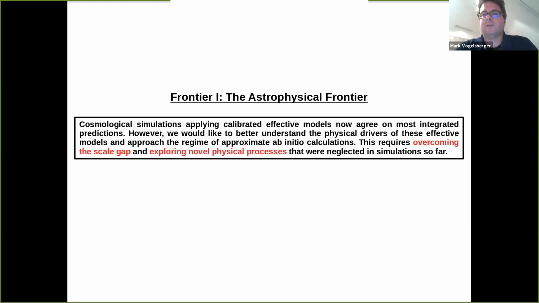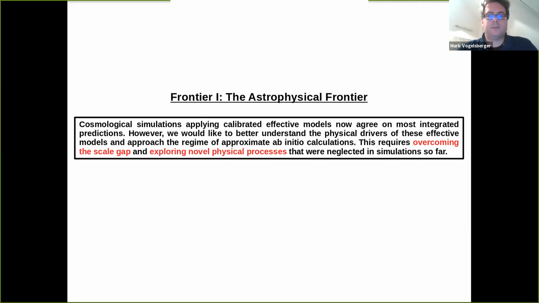But of course, the ultimate goal is that we want to better understand the physical drivers of these effective models, and also ideally approach a regime of what I would call approximate ab initio calculations. Yeah? So ab initio in the sense that you just have individual stars in galaxies, and you model the feedback in as great detail as possible. Of course, we will never be able to do true ab initio, but essentially reach this regime of approximate ab initio where the individual star is the smallest element.